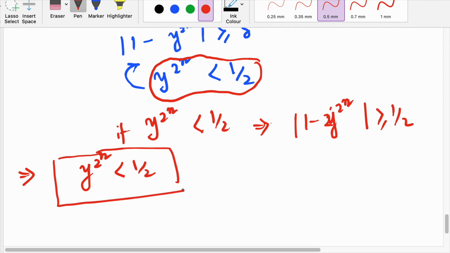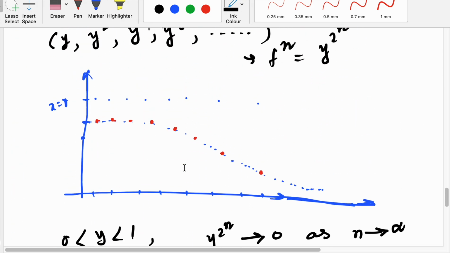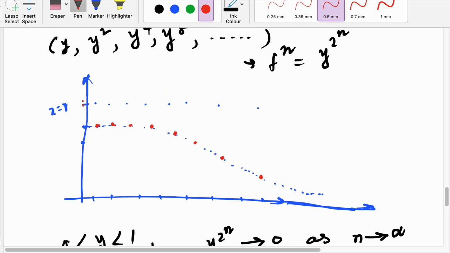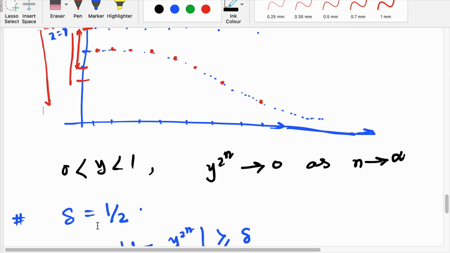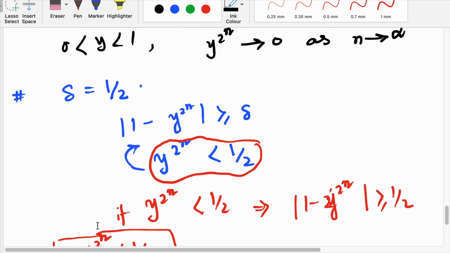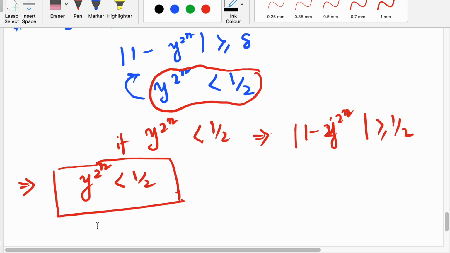If I choose any interval, suppose this is 1, and I choose these to this interval, or these to this interval, or maybe the whole 0 to 1 interval, it doesn't matter. If I choose any interval, I will get a y such that y to the power 2 to the power n will be half.